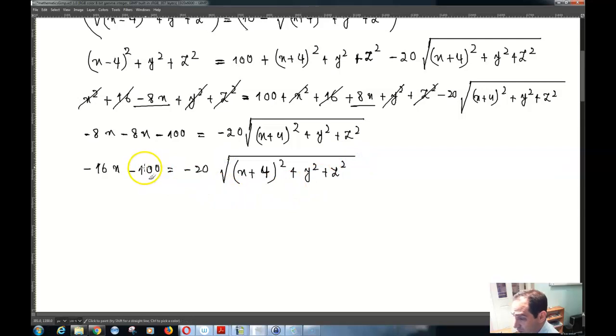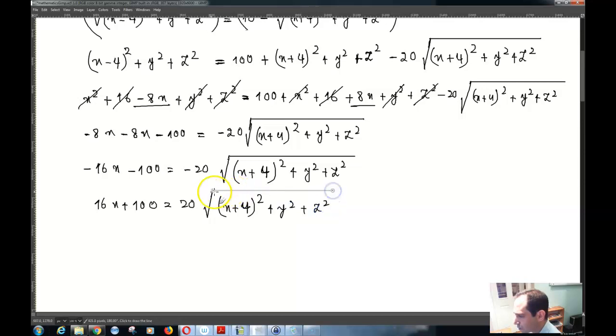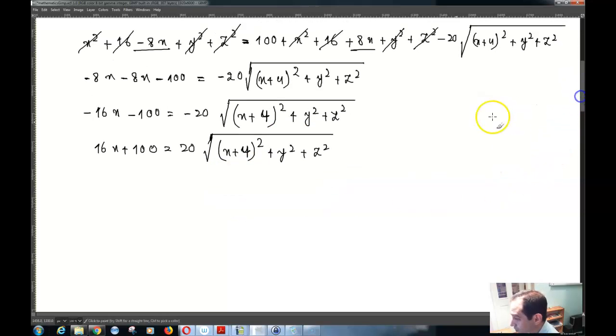And then you can multiply by negative 1, and you will get 16x plus 100 is equal to 20 times the square root of (x plus 4) whole squared plus y squared plus z squared. And then you can now raise both sides of this equation to the second power.